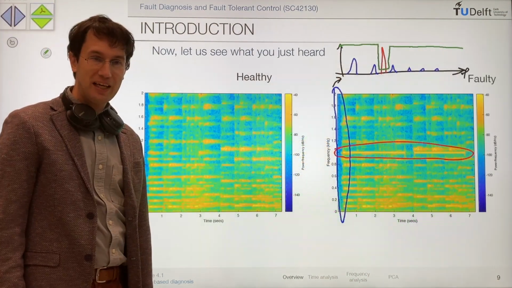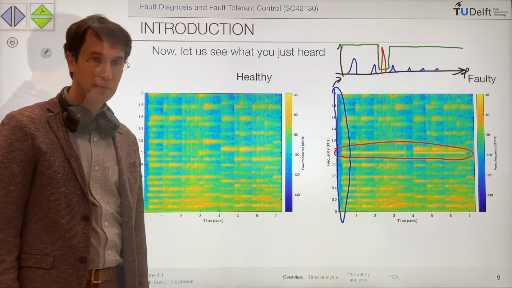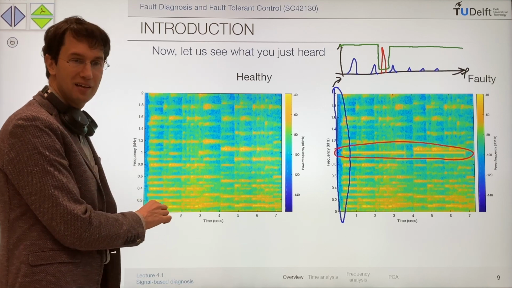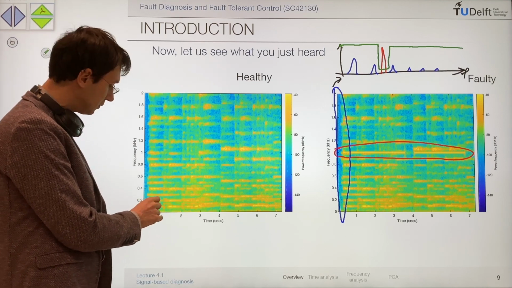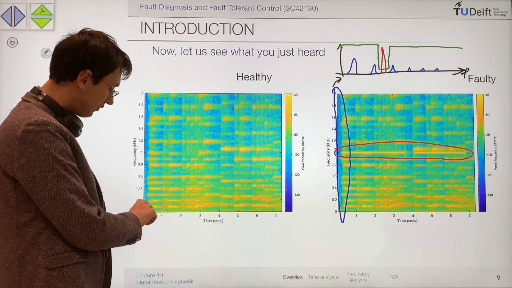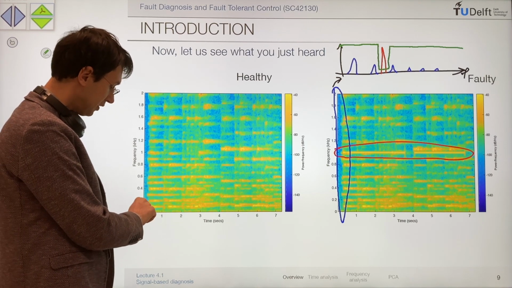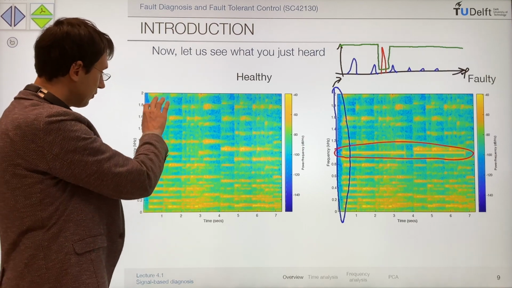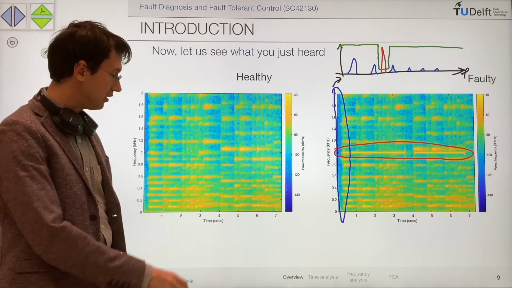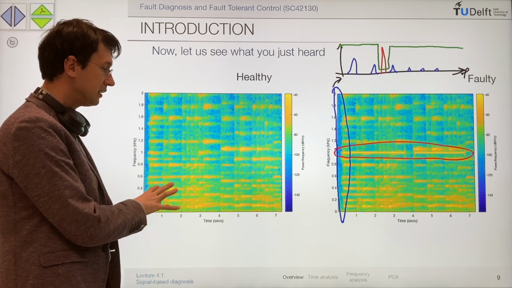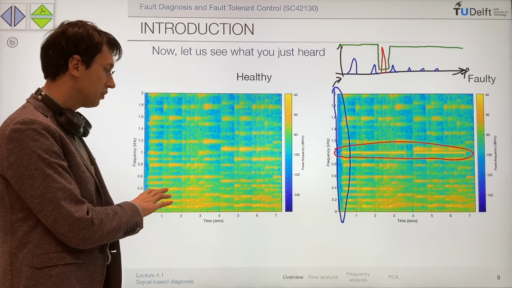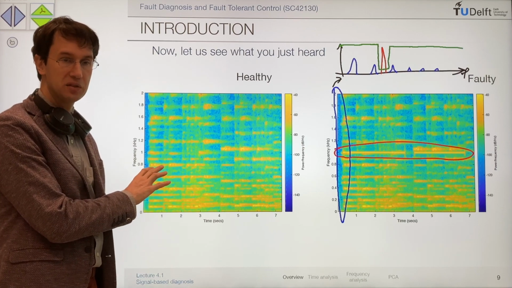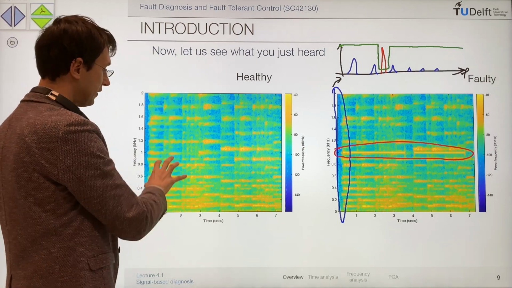So if we look again at the musical example, you see that while a note is played, we are in a stationary condition. So we have a given frequency for the fundamental component, the one that corresponds to that note, and the upper components. But if instead of a musical signal, this was the signal out of a machine with different rotating components operating in stationary conditions, we expect something similar.